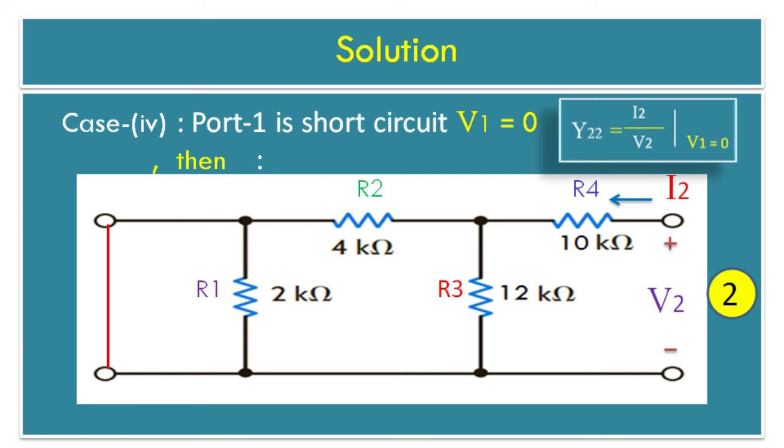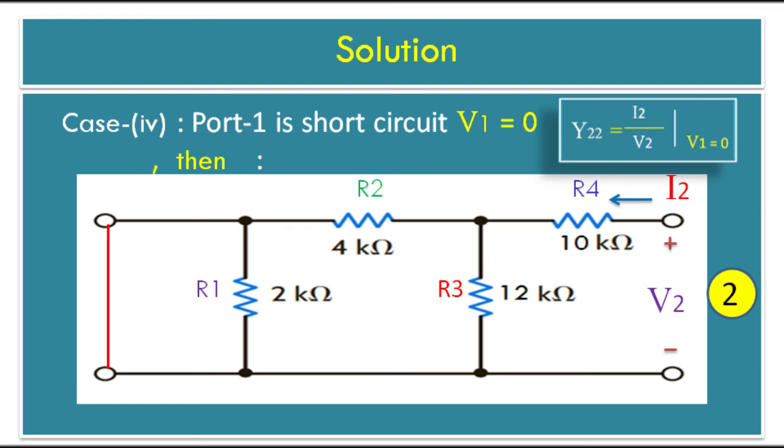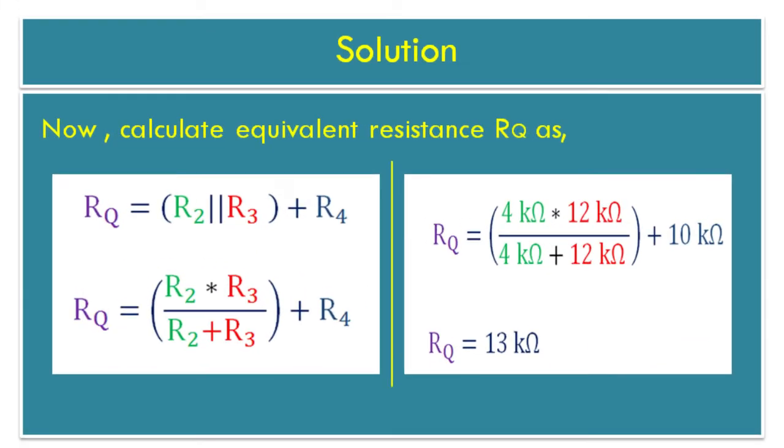Solution case 4. Short circuit the port 1 which gives voltage V1 is equal to 0. Then calculate short circuit admittance parameter Y22 is equal to current I2 upon voltage V2. Refer the previously studied diagram. Calculate equivalent resistance as equivalent resistance is equal to R2 parallel with R3 plus R4. Substitute resistance R2 is equal to 4 kilo ohm, R3 is equal to 12 kilo ohm and resistance R4 is equal to 10 kilo ohm.